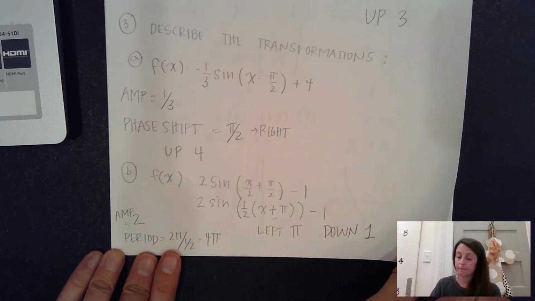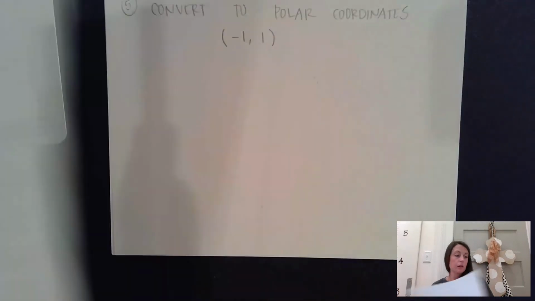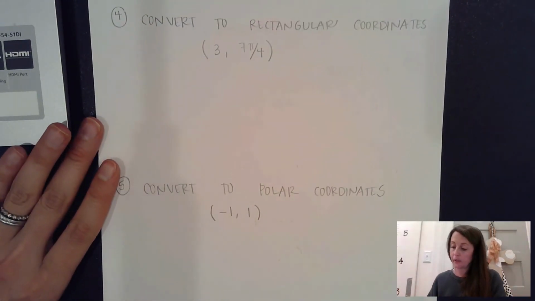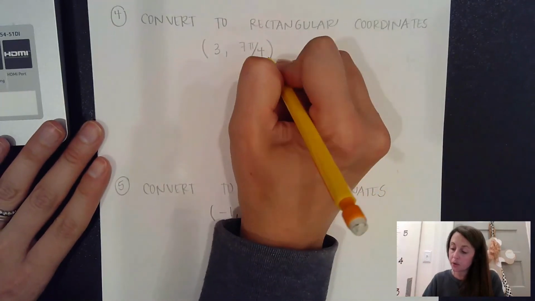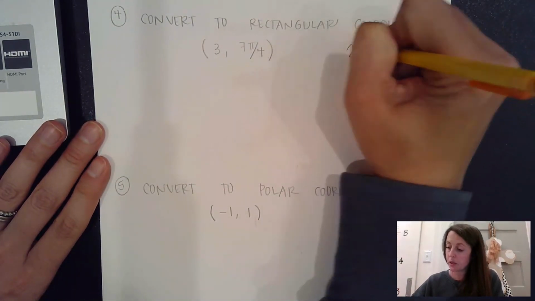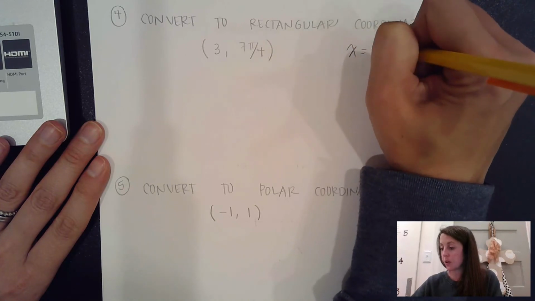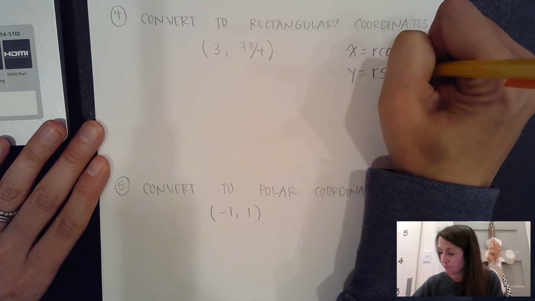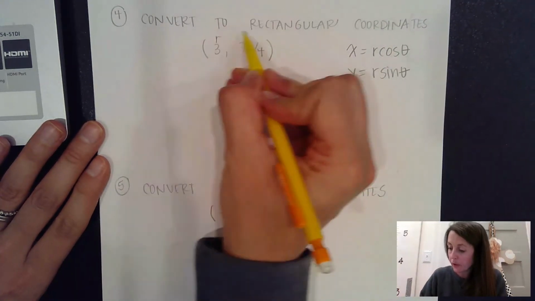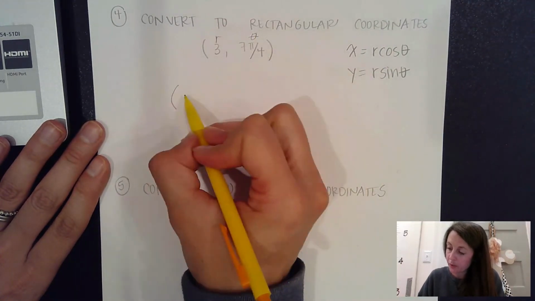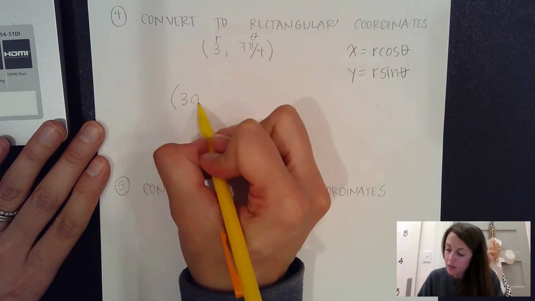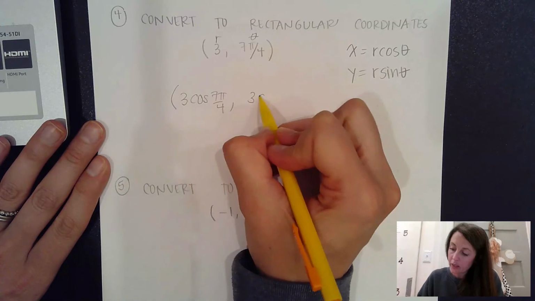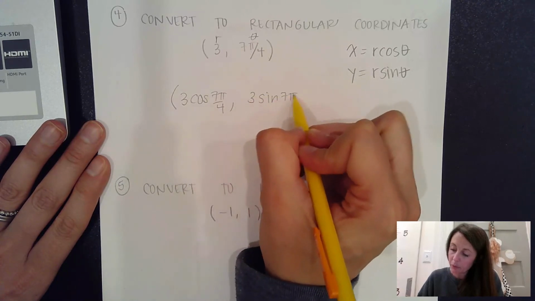Okay. All right. Let's look at these, and then we talk about polar graphs. So remember, convert to rectangular coordinates. So remember, what's important is x is going to be equal to r cosine theta, y is going to be equal to r sine theta. So here's my r, and here's my theta. So to rectangular coordinates, it's going to be 3 cosine of 7 pi over 4, and then 3 sine of 7 pi over 4.